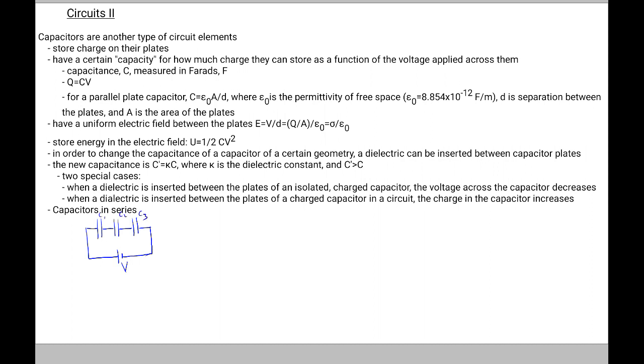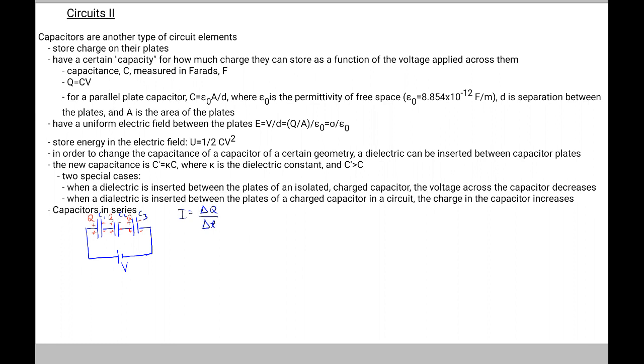In series, if we remember from the resistors, the same current flows through the circuit. Since current is delta Q over delta T, all of the capacitors will acquire the same charge in series. So this capacitor will have charge Q, this one will have charge Q, and that one will have charge Q, with positives on one side and negatives on the other, like that.